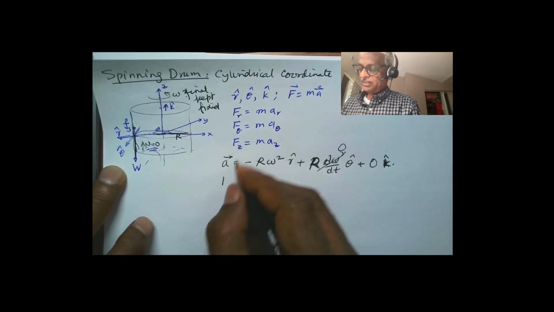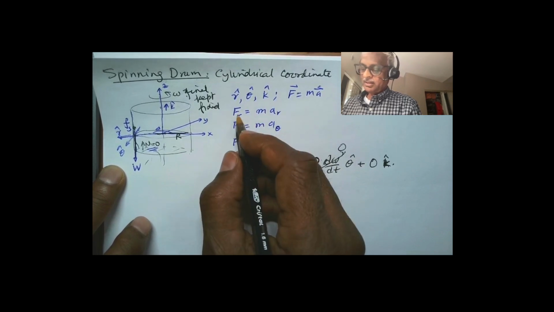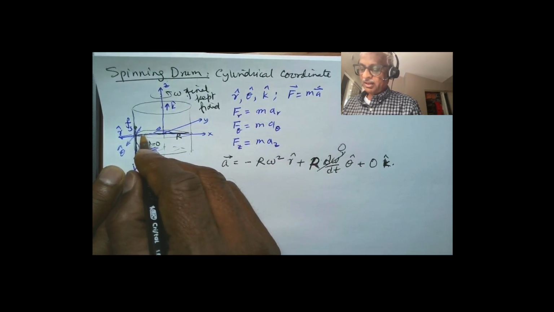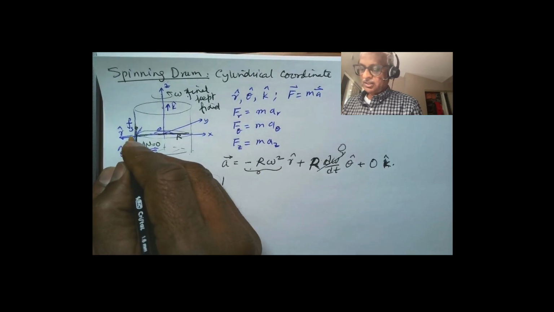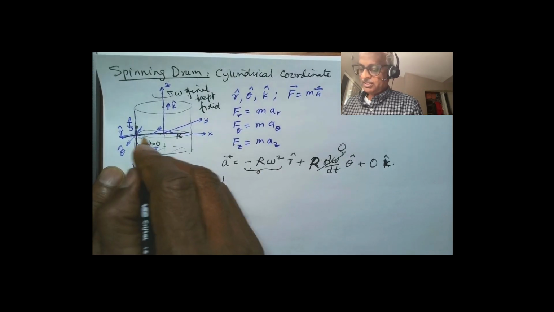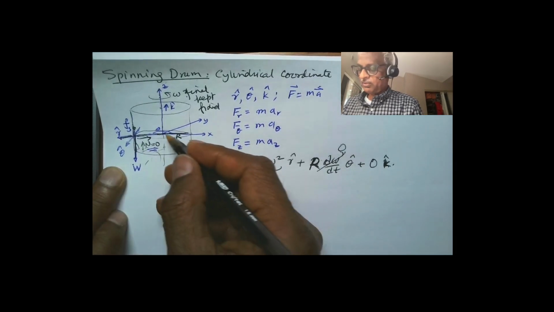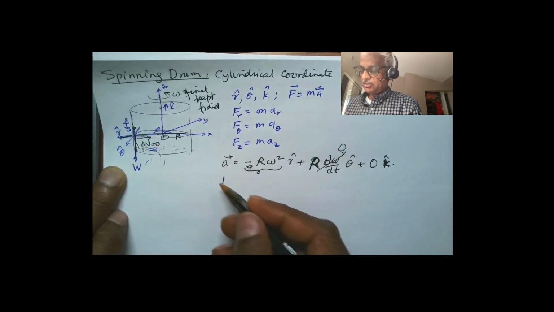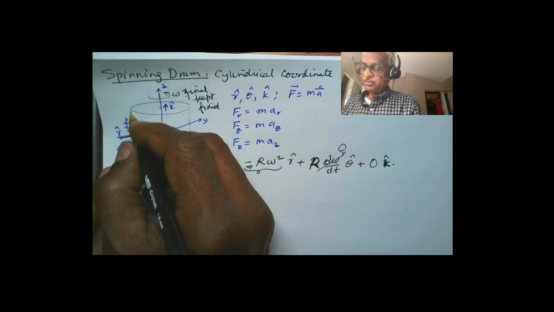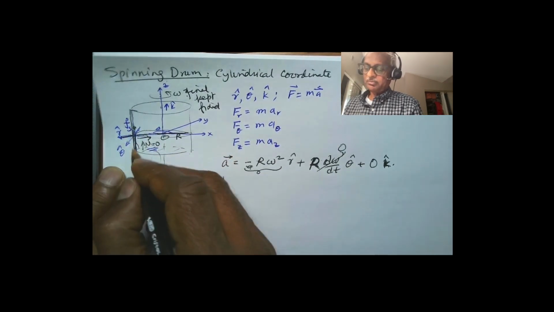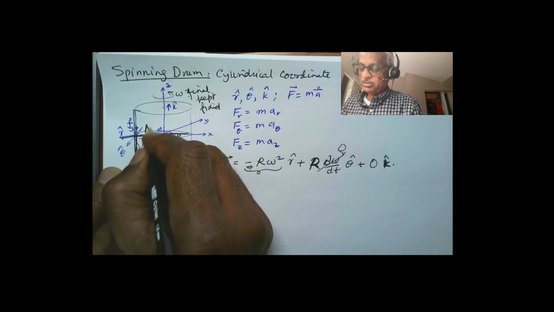So if I look at it in terms of Newton's equation, in the radial direction there has to be a force, because the acceleration is pointed in that direction with a negative. R hat is pointed away from the center, so we have to have a force, and the only force can be from the drum, so we just call it normal.